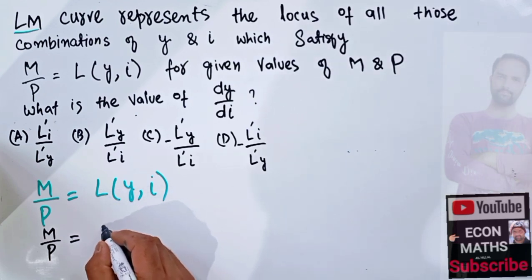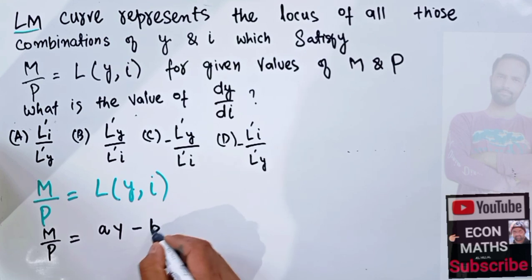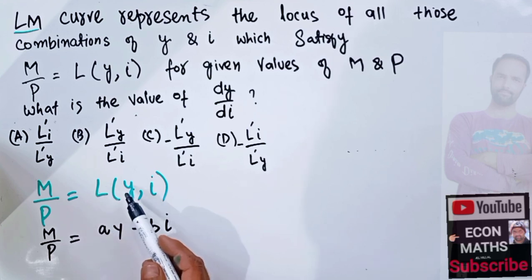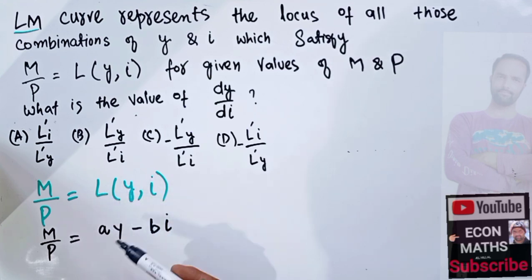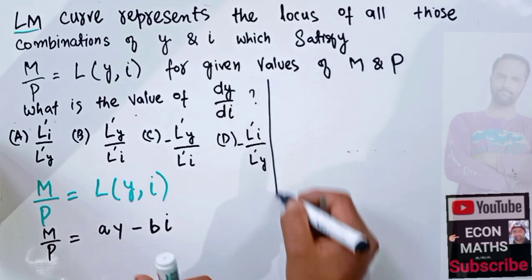Let's denote it by AY minus BI. That means demand for money, L, which is a function of income and rate of interest. Demand for money is a positive function of the level of income and negative function of the level of interest rate. So in place of this, I have written this here.